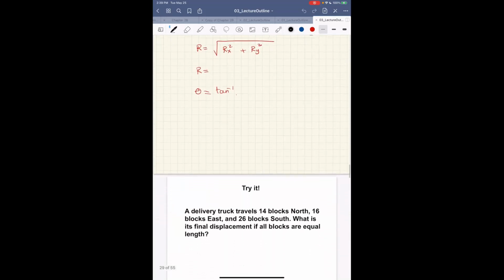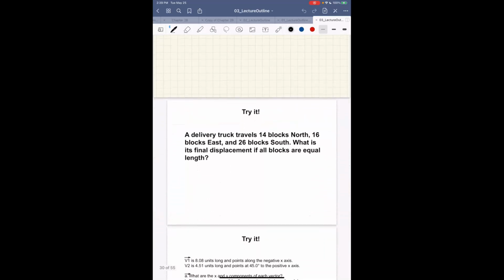And now here, there is one problem where we have a delivery: a truck travels 14 blocks north. I can easily draw something that is going to give me an understanding of this problem.